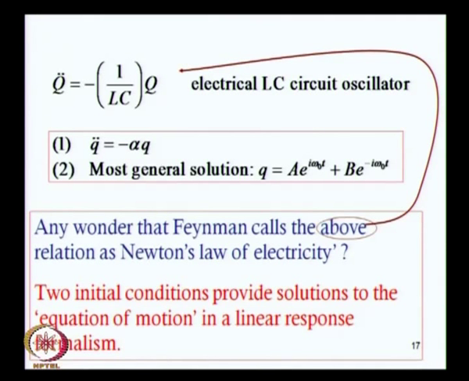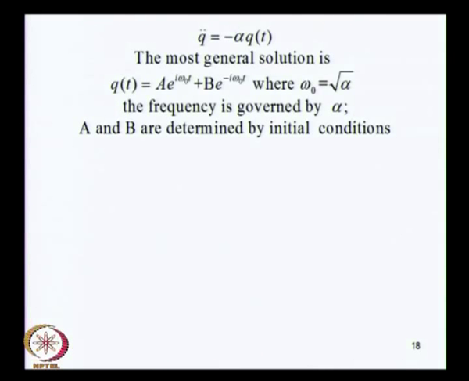At the time of Newton, electrical circuits did not exist, and Newton did not formulate any law for any electrical circuit, but this equation of motion is what Feynman calls Newton's law of electricity, obviously for the reason that you have two initial conditions which provide the solutions for the equation of motion, and essentially in the same formalism in which Newtonian mechanics is developed, the linear response formalism, because it is the same kind of situation which governs the dynamics. So, this is our story here.